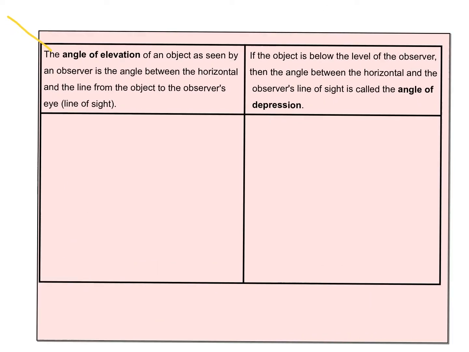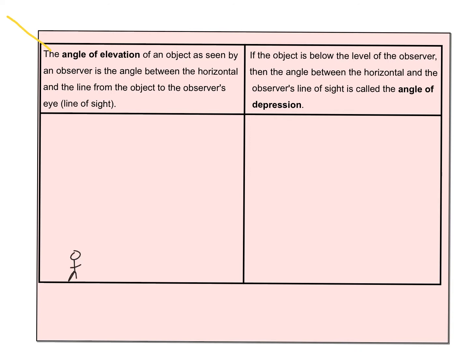An angle of elevation is simply the angle of looking up. If you consider that there's a person down here, and there is a tree, and a bird in the tree up here, the angle of elevation would simply be the difference between looking straight ahead and looking up.